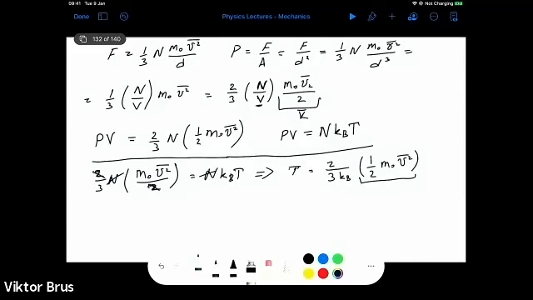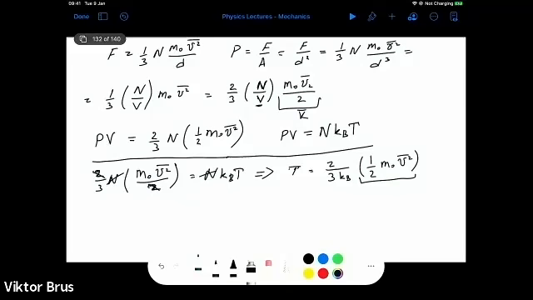And this is a very important definition of temperature because it tells us that it is a measure of internal energy of the system.